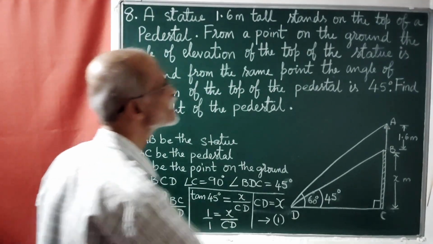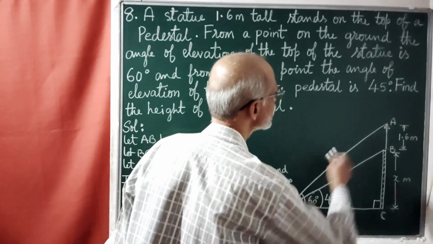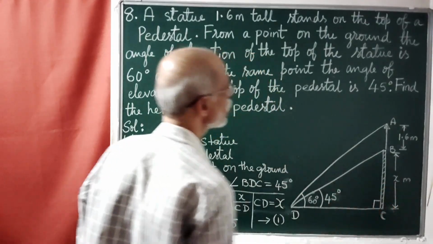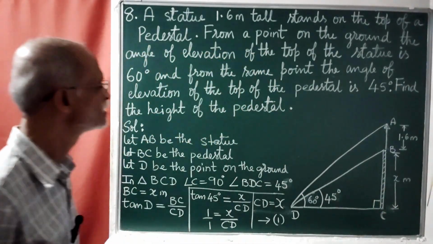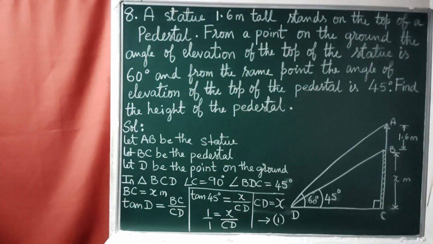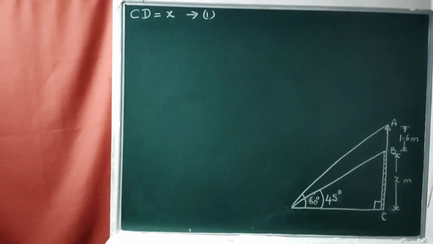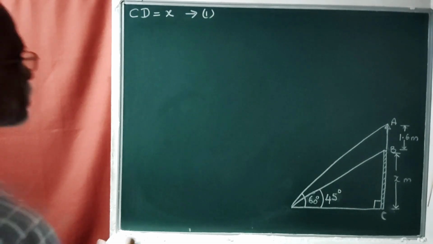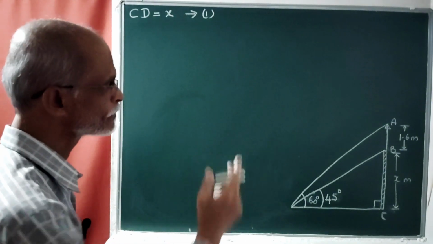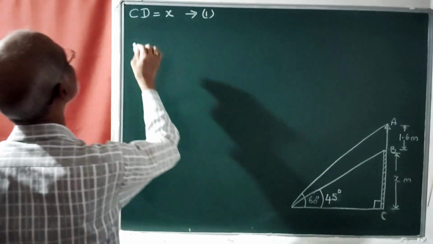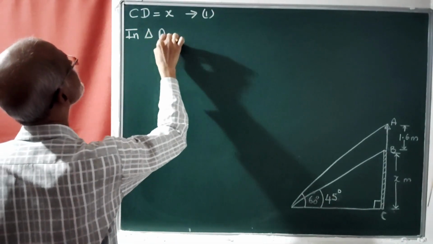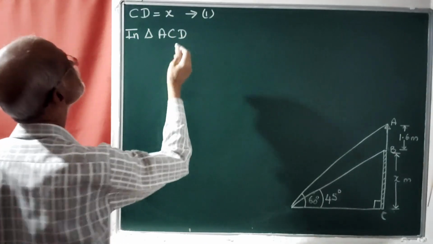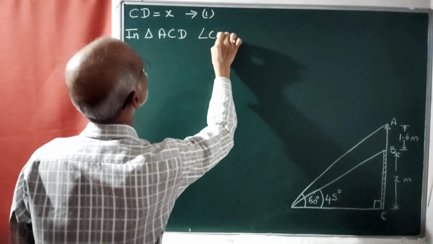Next, we'll take the big triangle ACD. In this triangle also, we will find the value of CD. In triangle ACD, angle C is equal to 90 degrees.